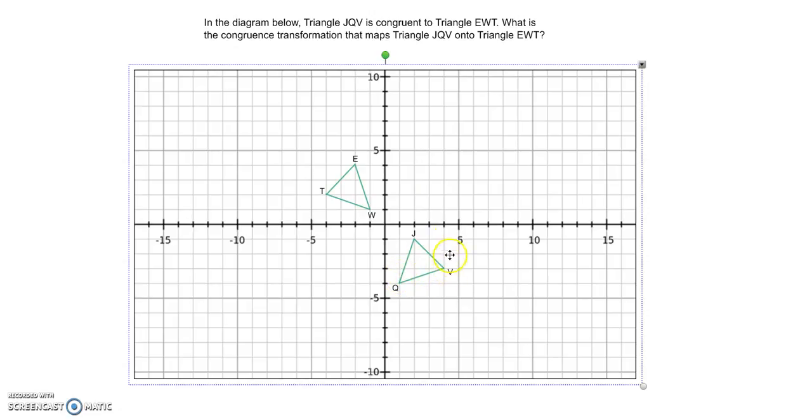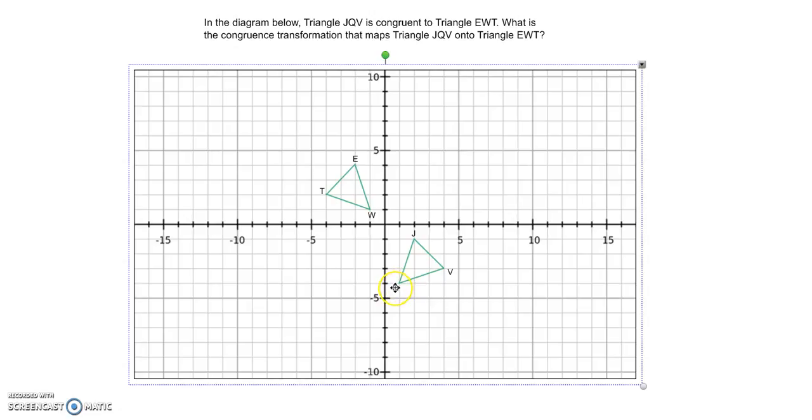So you need to keep in mind how these two images look towards each other. If anything, you can see that at some point it's going to seem like we're going to have to flip one of these. We're going to have to flip JQV across so that it's in the same order, right? Right now they're not facing the same way. If we put them on top of each other right now, they wouldn't look the same. So at some point we're going to have to do some sort of reflection.